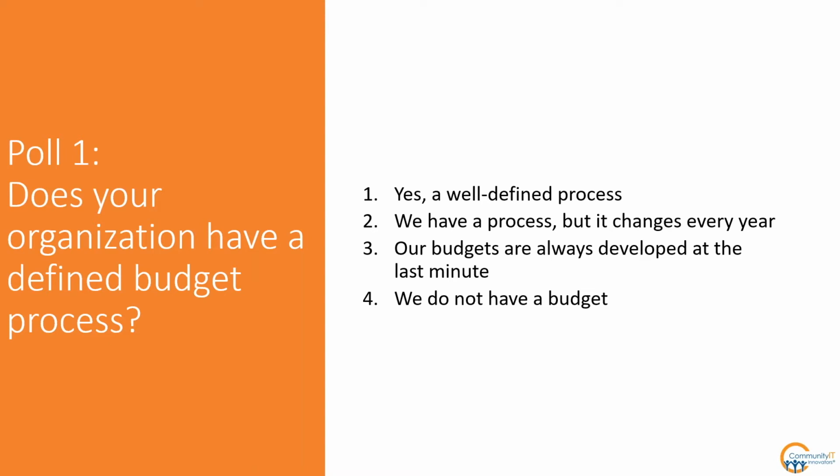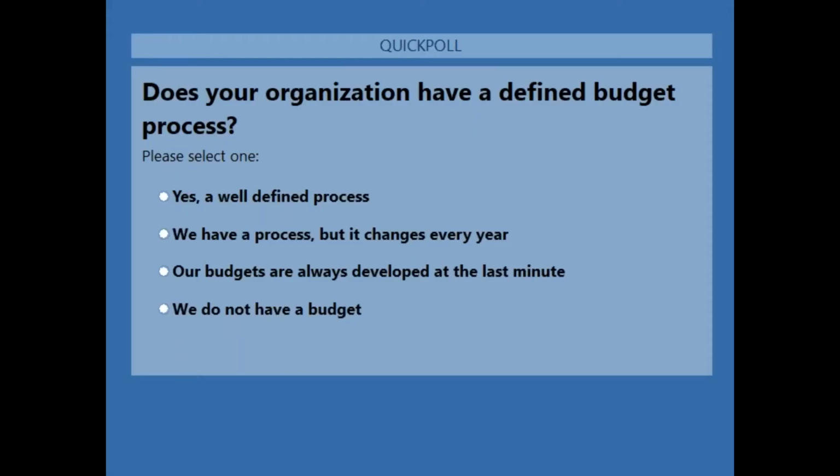So let's start with our first poll today. If you don't mind just responding and letting me know where you are. Where is your organization in terms of its budgeting process? Do you have a well-defined process? Do you have a process, but it's one that changes every year? Are you an organization that has your budgets always showing up at the last minute?